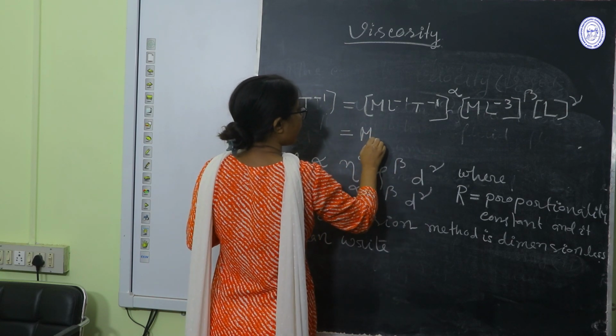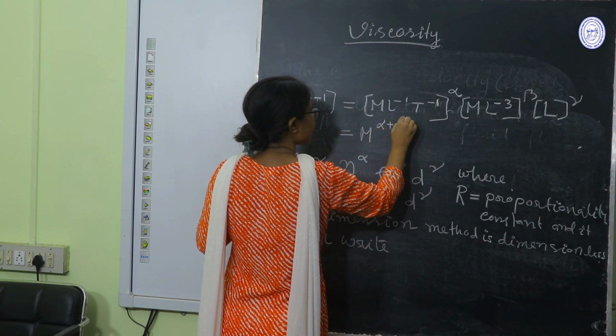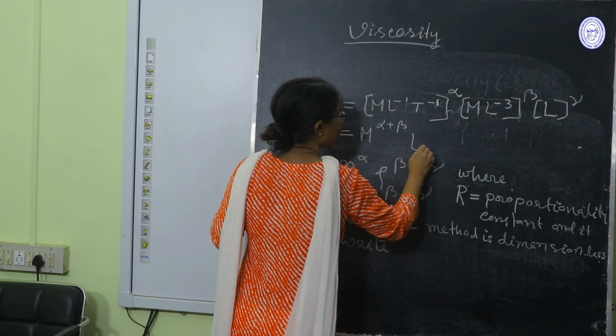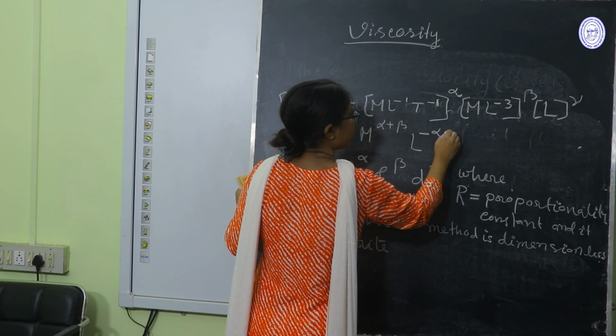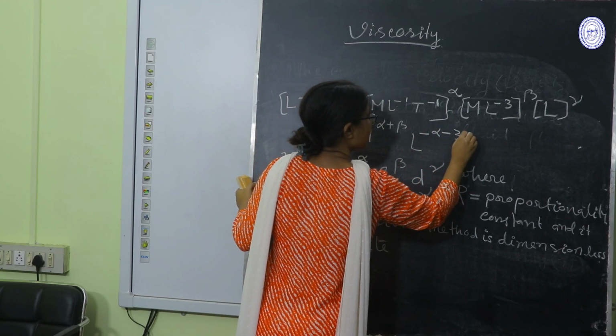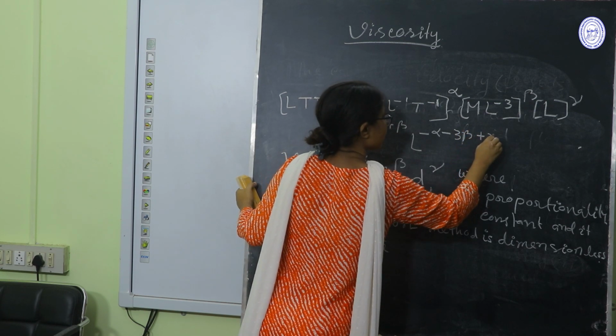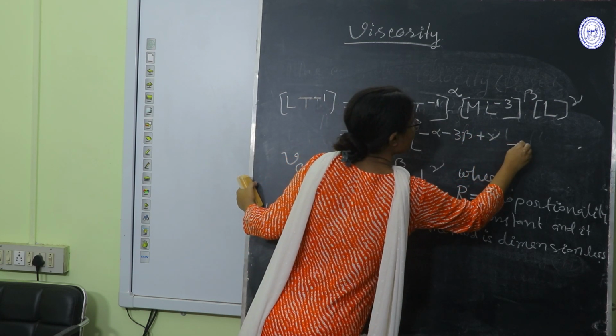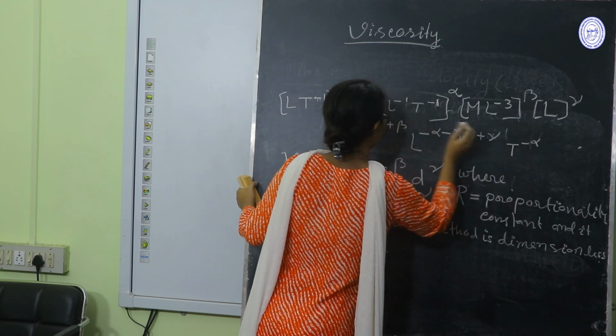So, M to the power alpha plus beta, L to the power minus alpha minus 3 beta plus gamma, and T to the power minus alpha.